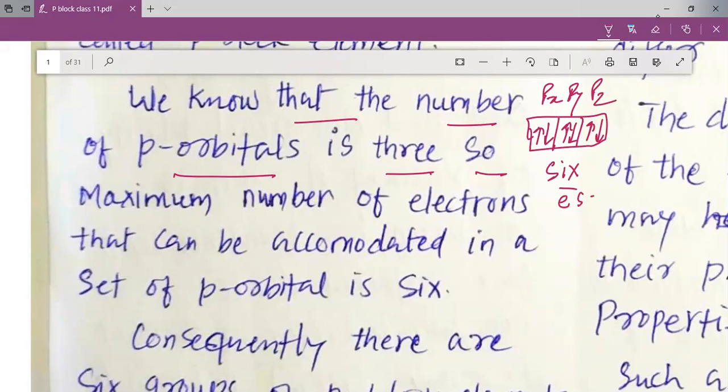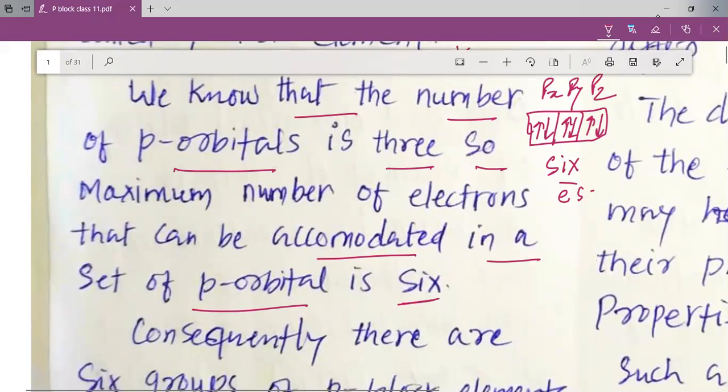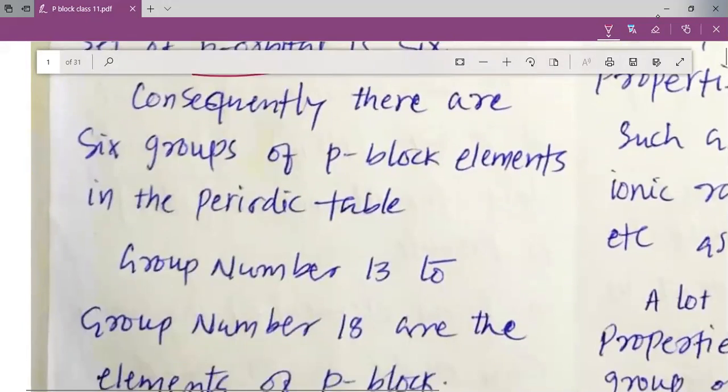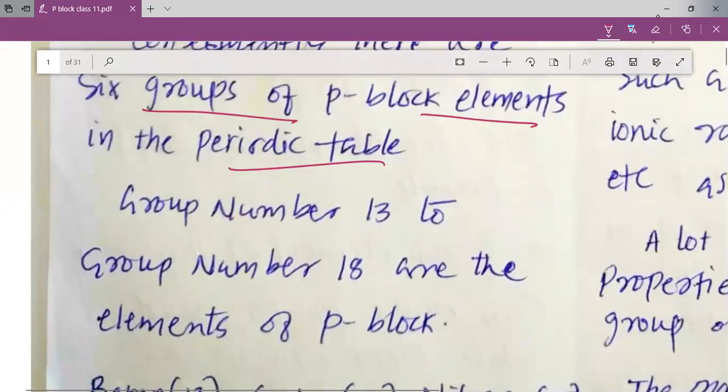The maximum number of electrons that can be accommodated in a set of p orbitals is 6, and that is why, my dear students, in the periodic table there are 6 groups of p block elements.